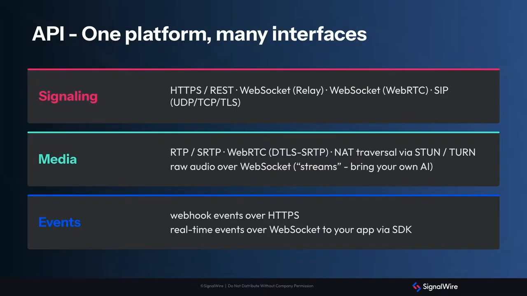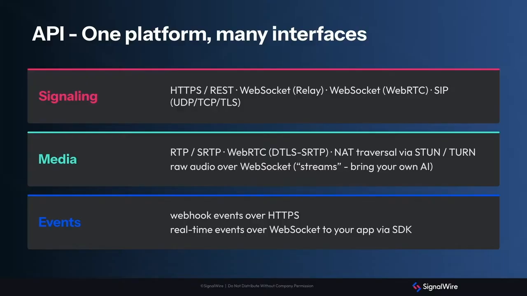So in terms of interfaces, of course there's signaling: there's the REST API over HTTPS, and there's the so-called Relay protocol, which uses server-side SDKs that connect over WebSocket and have bidirectional communication with the system. They can send commands, receive state updates in real time, or even receive commands from the platform.